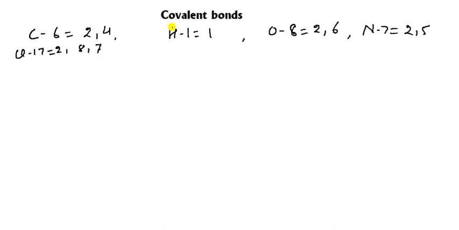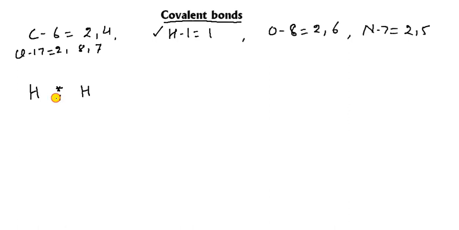So let us see how covalent bonds can form. First of all, I choose the hydrogen atom. Suppose there is one hydrogen atom here and one hydrogen atom here.